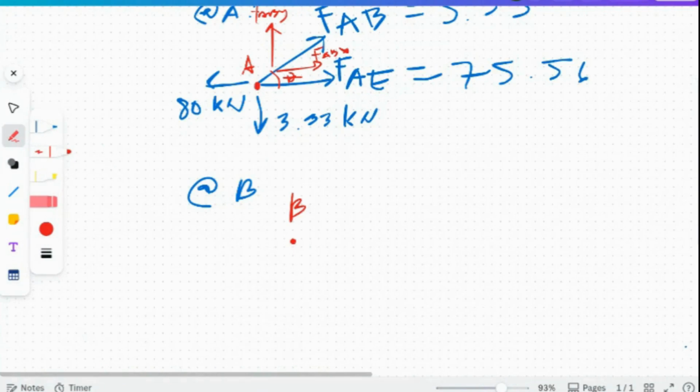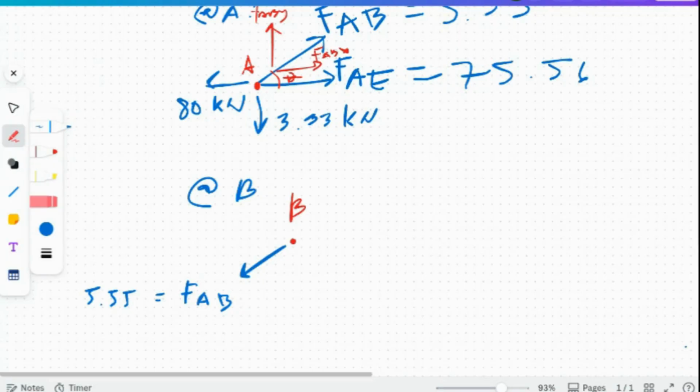The same way that at A we did the force diagram, we will also do that at B. Now for B, we have force AB. We already know this, its tension, that is equal to 5.55.